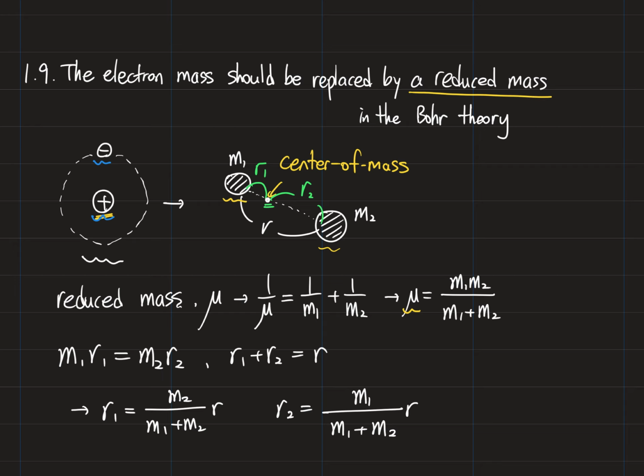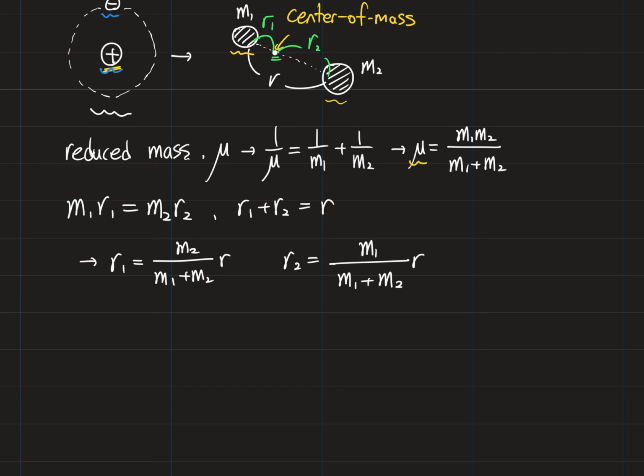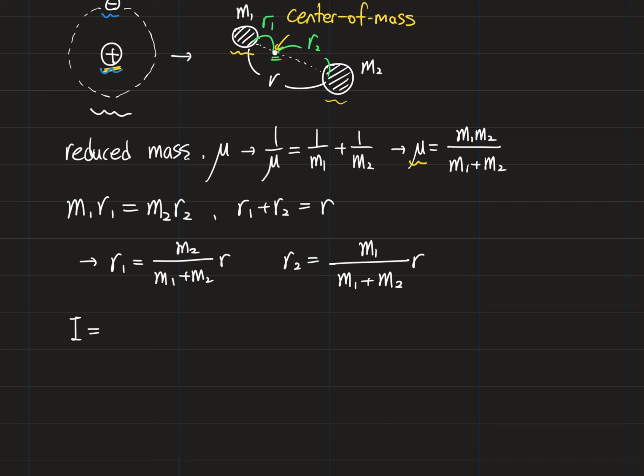With this in hand, we can calculate the moment of inertia. We have two circularly revolving particles, so we add up each particle's moment of inertia: m1 r1 squared plus m2 r2 squared.